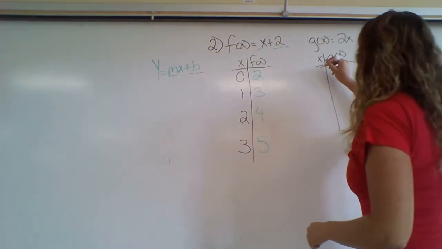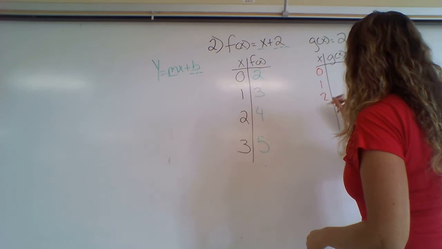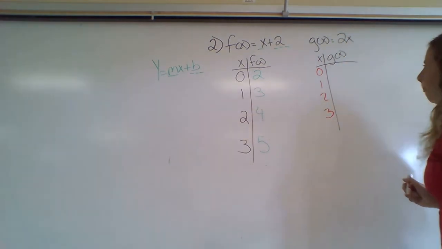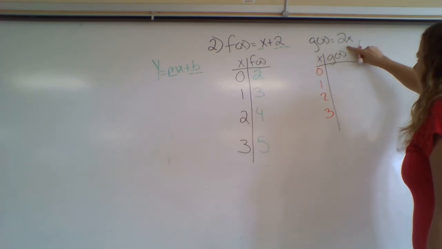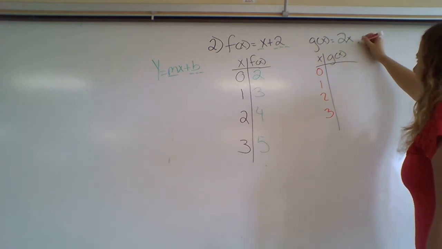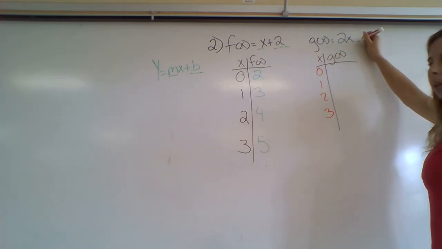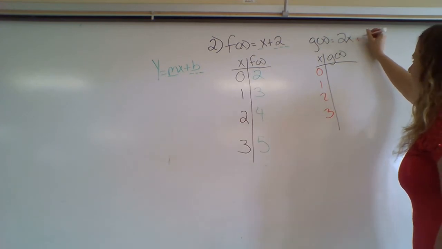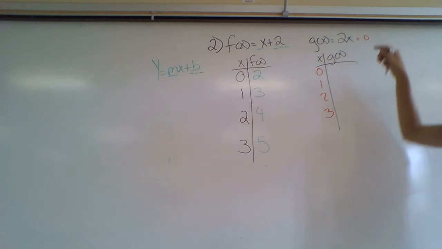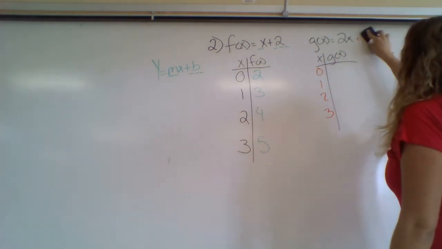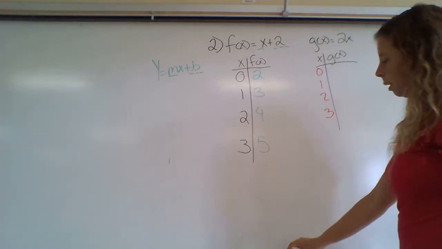And then over here, you can also just do the same thing, 0, 1, 2, 3. So this one doesn't have a y-intercept written, which means it's just 0. Because it's redundant to write plus 0, so they leave it off. We can prove it.